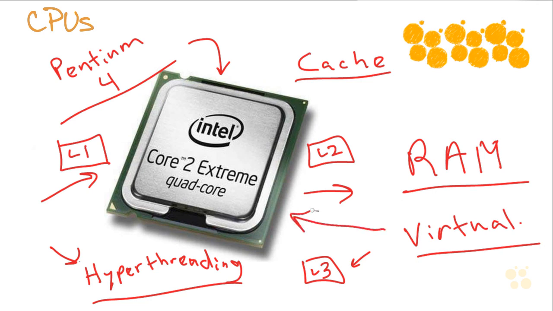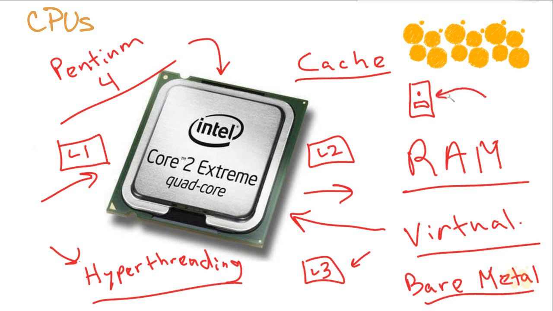So many times today, we're shopping for a CPU and a computer motherboard setup that will allow us to easily virtualize other operating systems. Sometimes we'll even look to do what's called bare metal virtualization. Let me explain what this is. You take a server, and you install no big operating system onto this server.